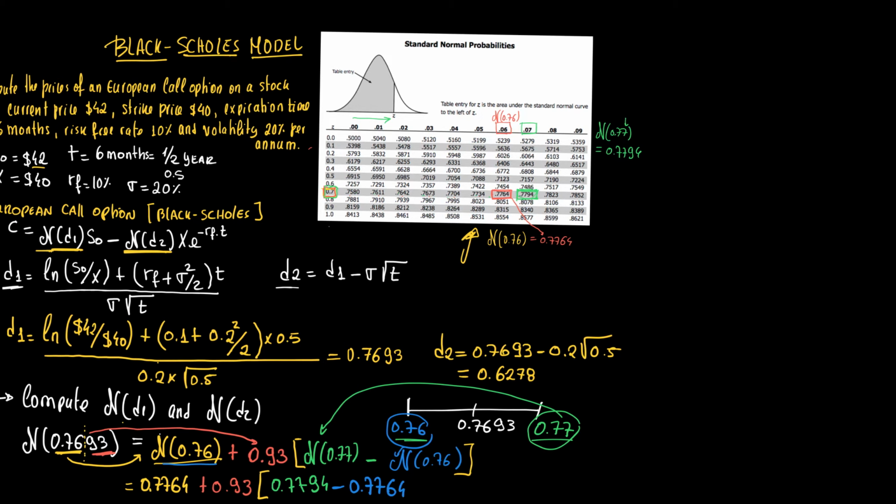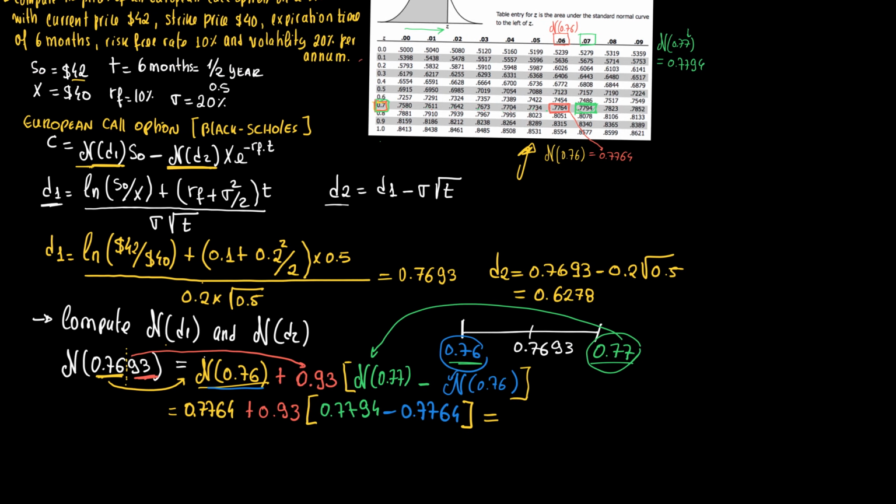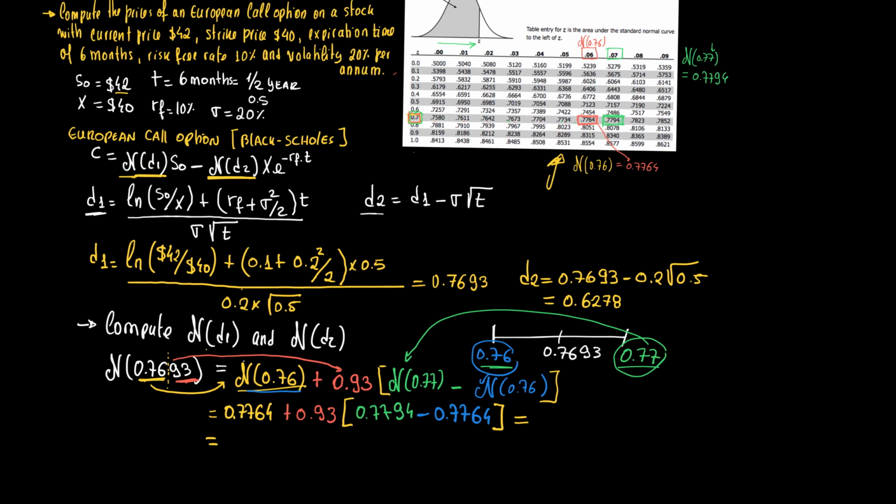So if we make the calculations, we will find out that n of 0.7693 should be equal to 0.7792. So first one done.